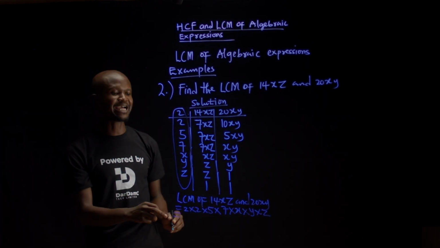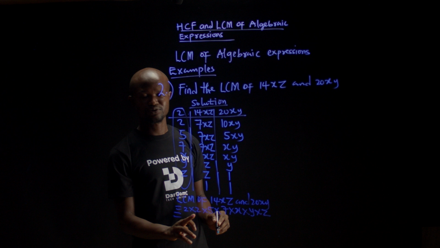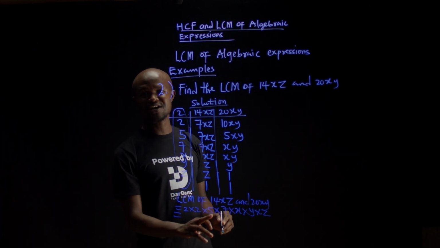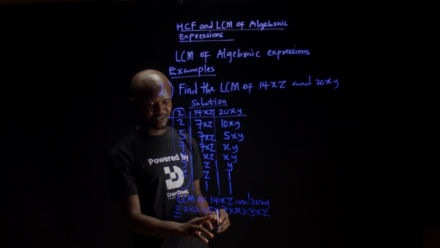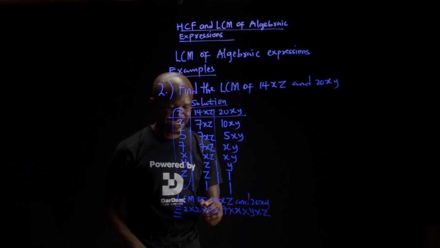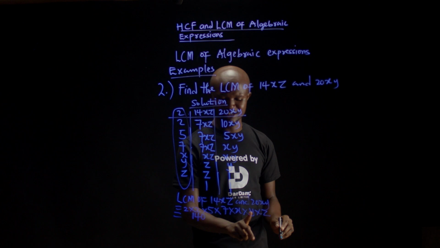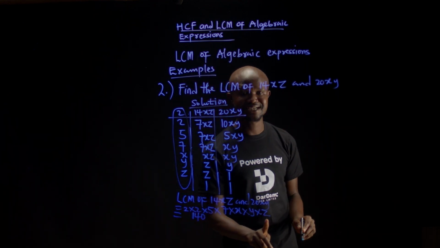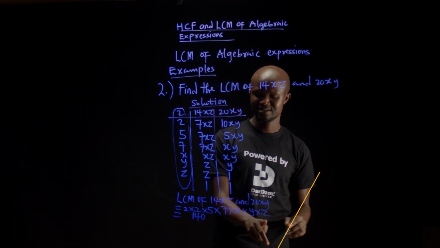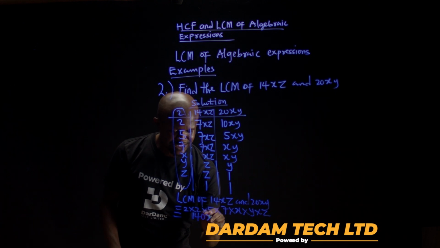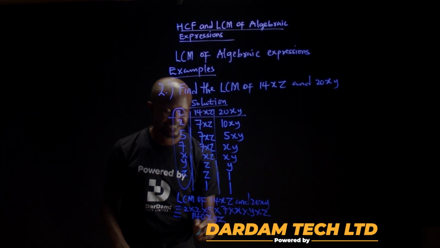Now, we multiply together. 2 times 2, 4. 4 times 5, 20. 20 times 7, that's 140. The numeric part. Now, x times y, xy times z, xyz. So, we have 140xyz.